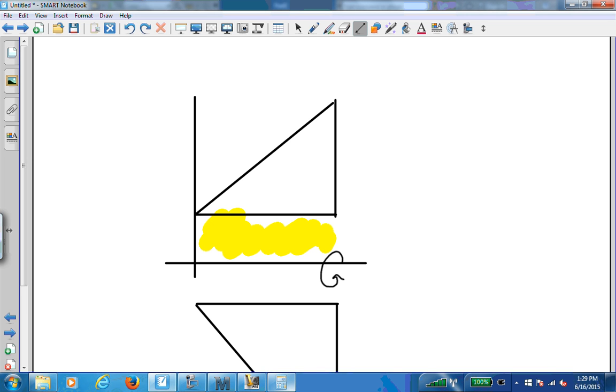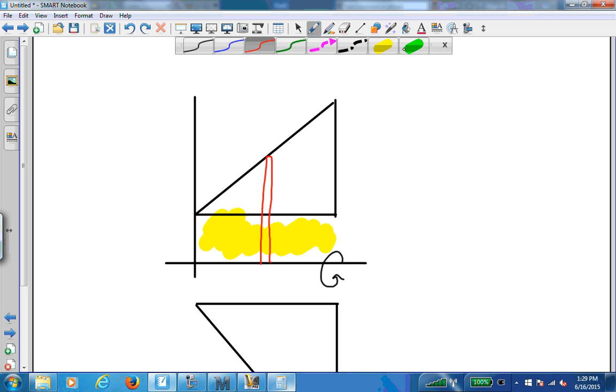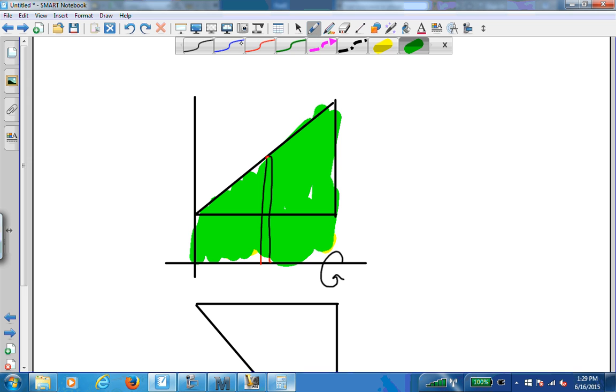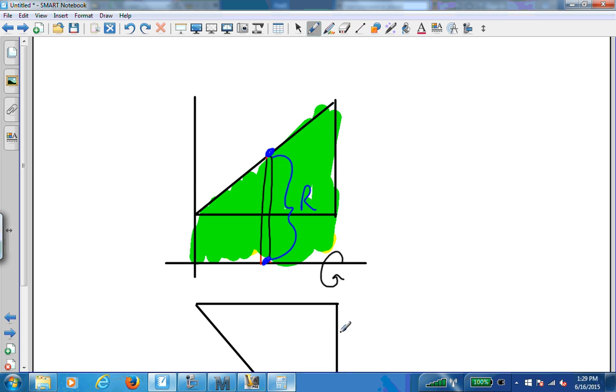So if we didn't have that hole, if we went all the way to the axis of rotation with our sample element, then that would give us the volume as if we were to take all of that and rotate it around. So I'm going to call that distance from the outside to the axis of rotation big R. Notice our sample element is dx.